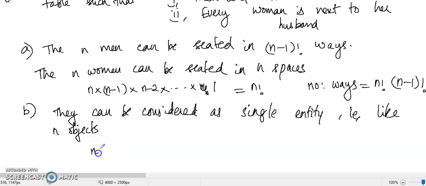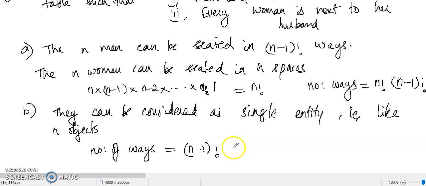So now the number of ways: n objects can be arranged along a circle in n minus 1 factorial ways. Number of circular permutations will be n minus 1 factorial.